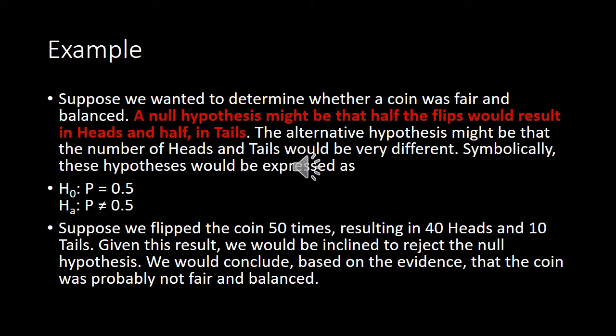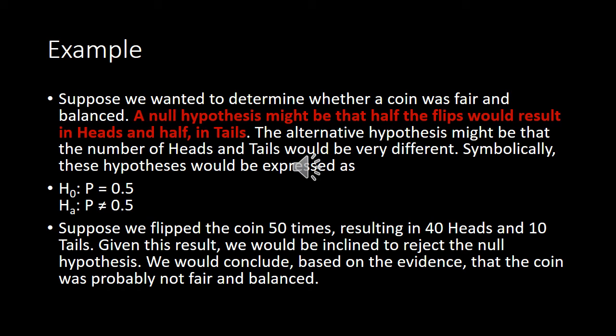To make it clearer how we state the null hypothesis and alternative hypothesis, there is an example. Suppose we wanted to determine whether a coin was fair and balanced. A null hypothesis might be that half the flips would result in heads and half in tails. So if the coin is fair, there is no bias between getting heads and tails.